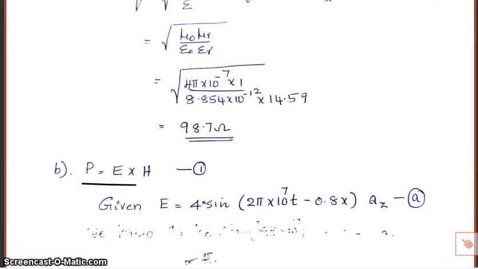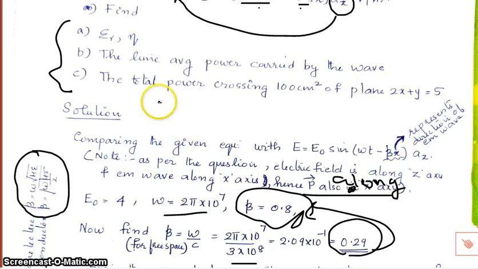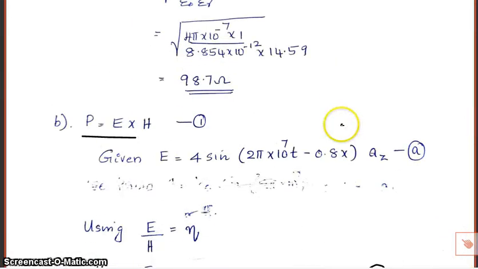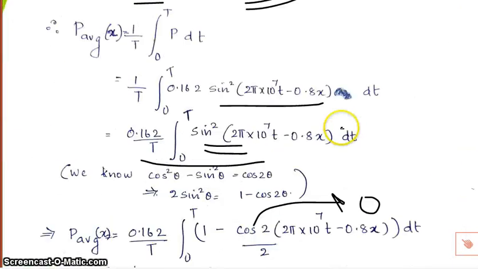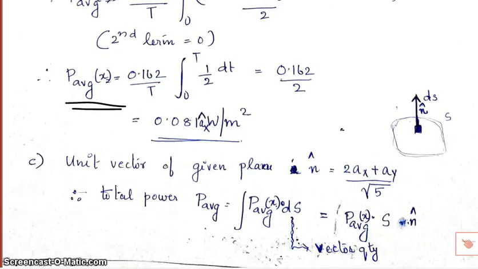Now the third section is you have to find the total power crossing a surface area of 100 centimeter square across a plane 2x plus y equal to 5. So for that you have to use the last expression which we came across, the average power density of a Poynting vector in the earlier video.